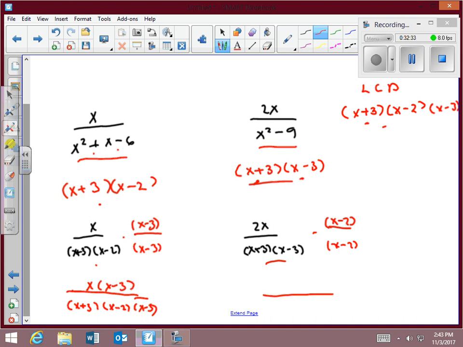This one, the denominator is X plus 3, X minus 3, and X minus 2. Commutative property of multiplication says that's the same as the least common denominator. The numerator is 2x times x minus 2. Does that make sense?